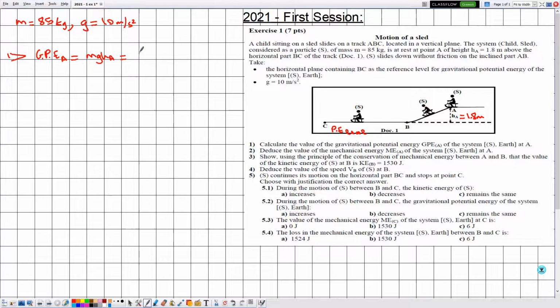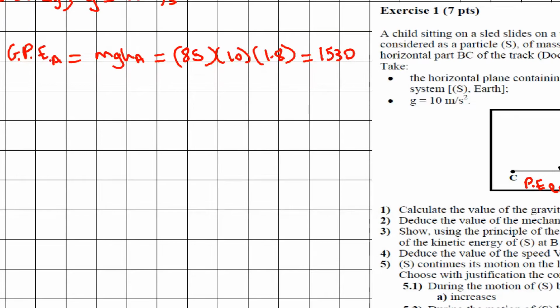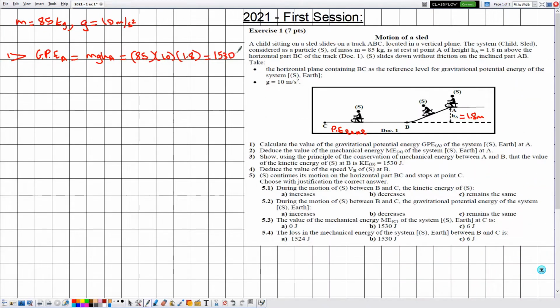The value of the mass is 85, the value of g is 10, and the value of the height at the point A is 1.8. Plugging this into the calculator, the value of the gravitational potential energy is 1530. Since everything is in SI, the gravitational potential energy is in the SI unit of energy, which is joules.